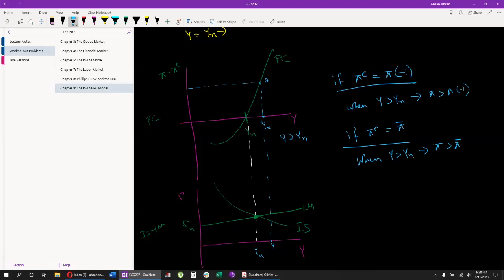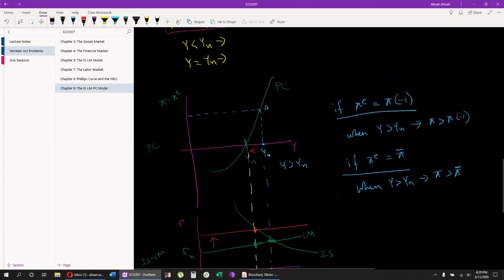Okay, I've drawn this diagram slightly wrong. This is the control size. And what will the government want to do if they want to go back to Yn? What they will do is they will increase the interest rate. When they increase the interest rate, we end up at this point, which effectively takes us to Yn.